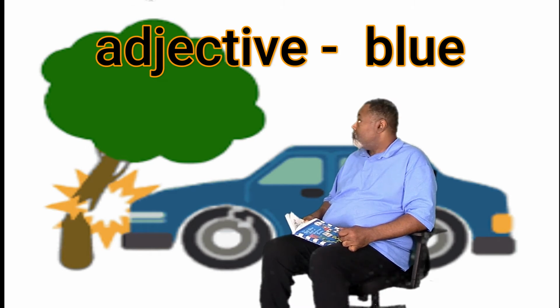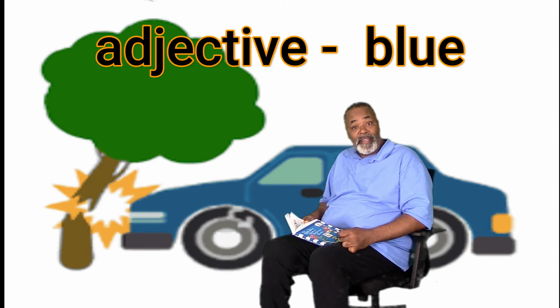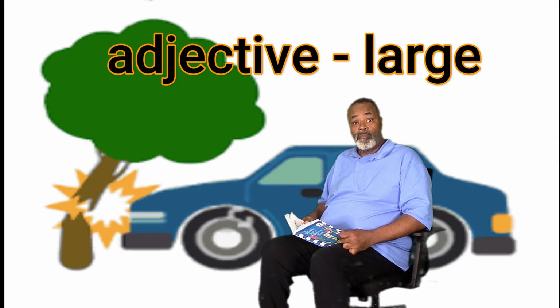So now that we found the verb and the nouns, what adjectives can we describe the nouns with? Yes. Blue describes the color of the what? That's right. It describes the color of the car. All right. Are there any other adjectives that we can use? Yes. Great job. Large can describe what?